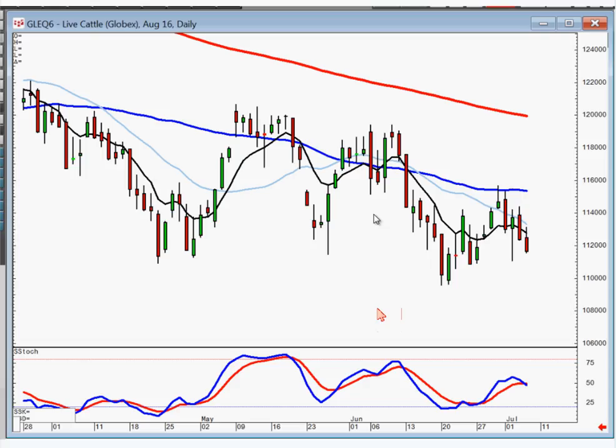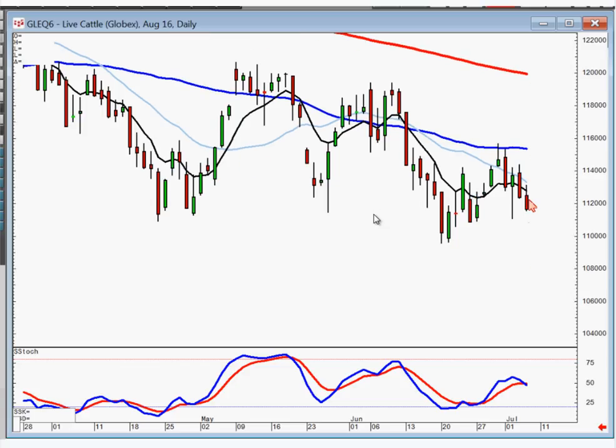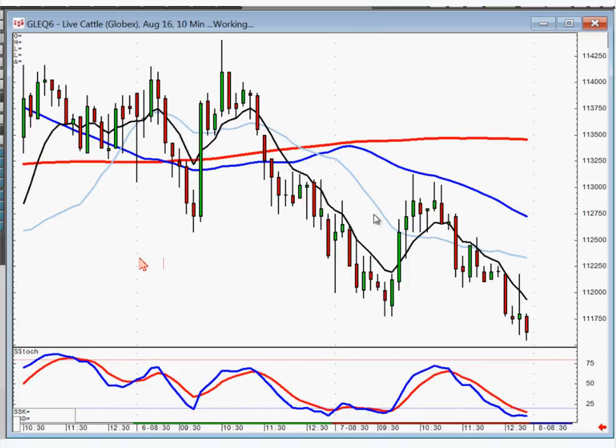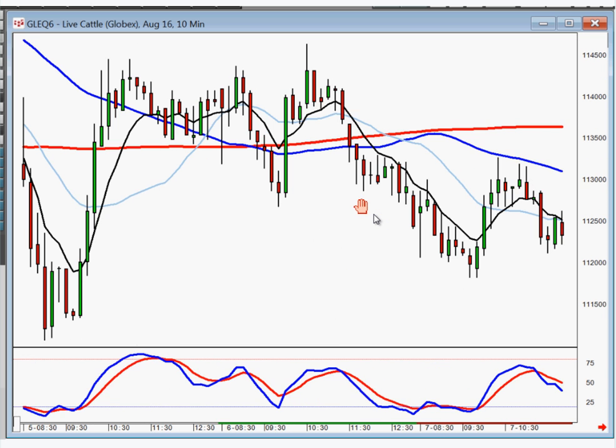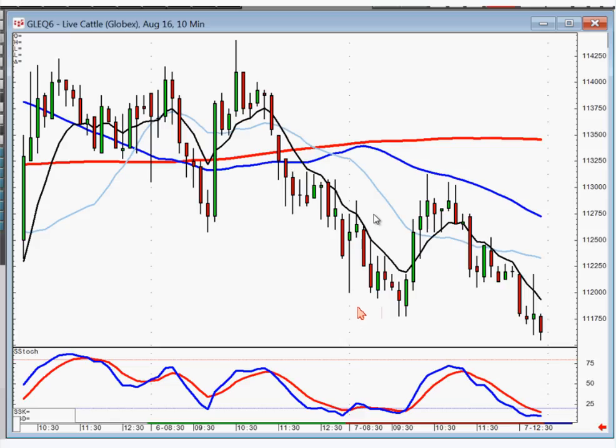If I was ready to short live cattle today, I think it did something like this, if I'm not mistaken. Yeah, popped up. Knew that the overall trend right now was in a downtrend, but it popped up.